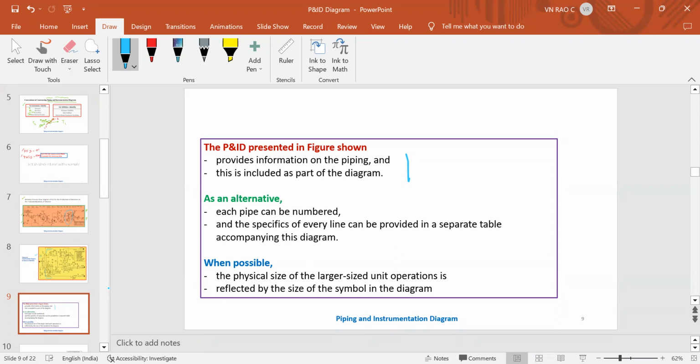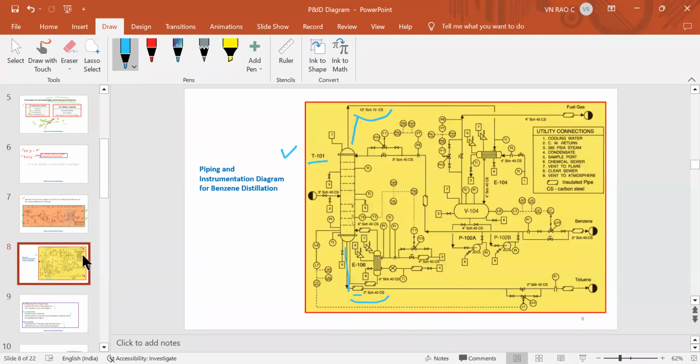When possible, the physical size of the larger unit operation is reflected by the size of the symbol in the diagram. In the diagram itself, you can see the distillation tower is bigger than the vessel V104. Here V104 is the reflux drum.